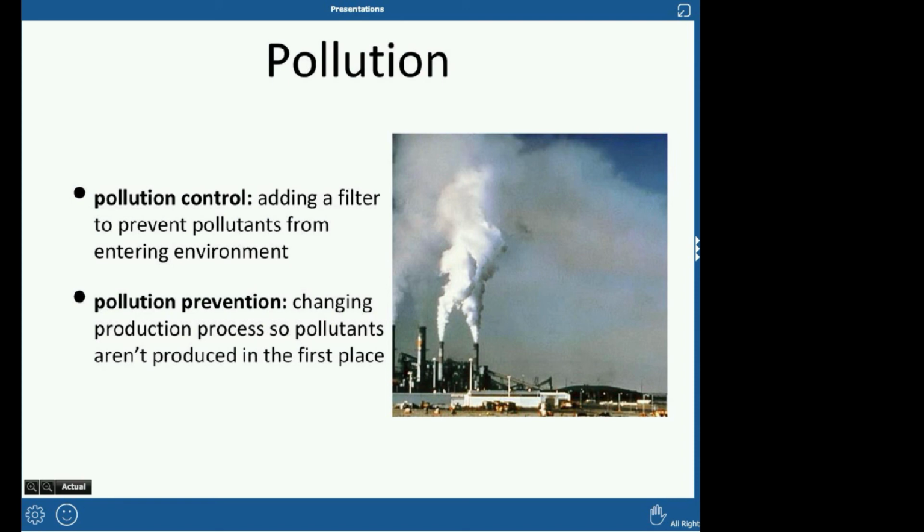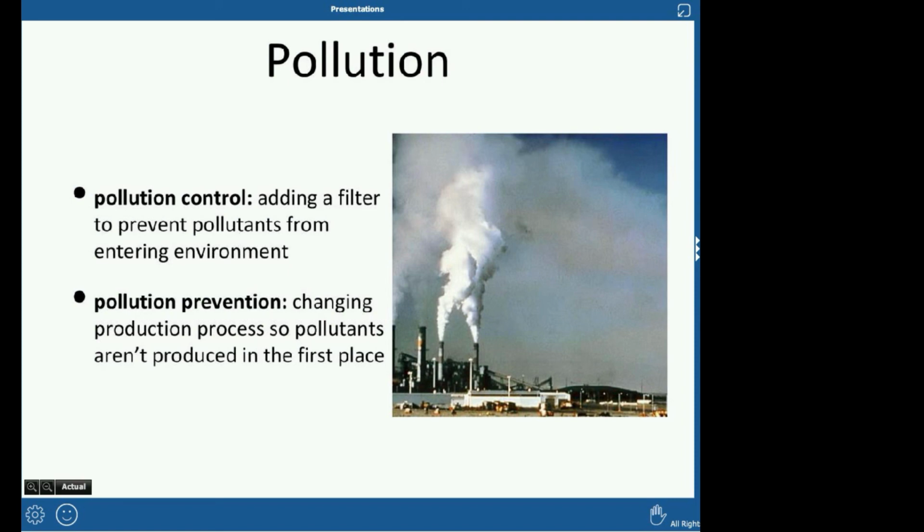Then you can also change your production process so pollutants aren't produced in the first place. So for example, if you are using a certain pollutant, like say you're using mercury or lead, let's do lead since it's so common. Let's say you're using lead in making paint, right?